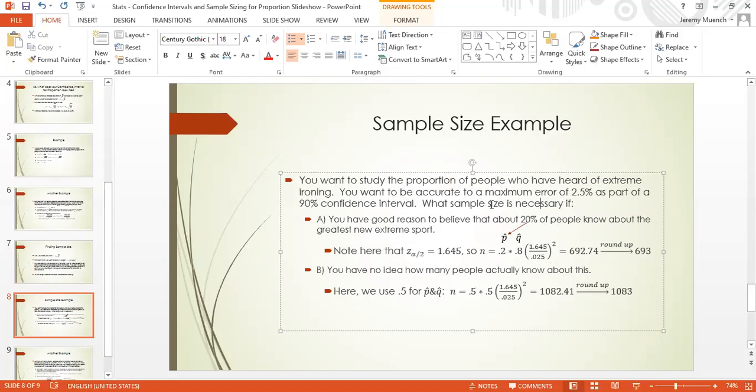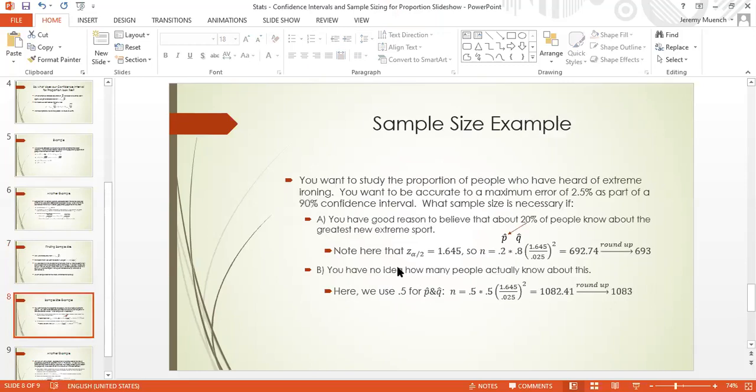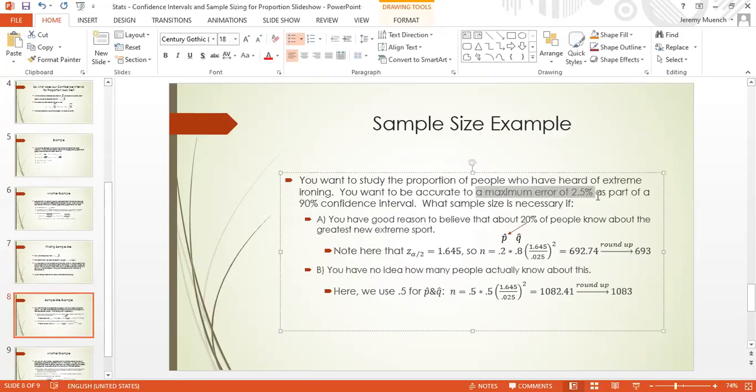So here, a lot of the key is going to be making sure that you assign the right information to the right variable, because we need p hat, and if we have p hat, we get q hat. We need z, and we need E. So z comes from the confidence level. E is going to be given to you in the problem.